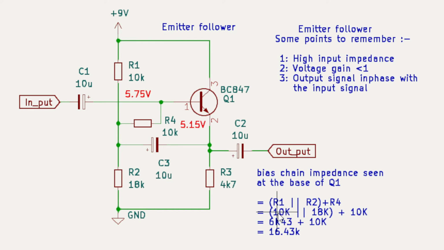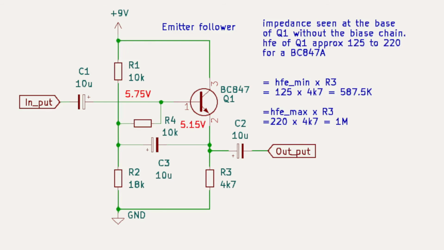Right, so let's start looking at the impedance seen at the base of Q1 without taking the bias chain into account. Then it's the HFE times the emitter resistor, or R3, and looking up the HFE for a BC847A, which is what this one is, the datasheet says we can expect anywhere from 125 to 220 as a value.